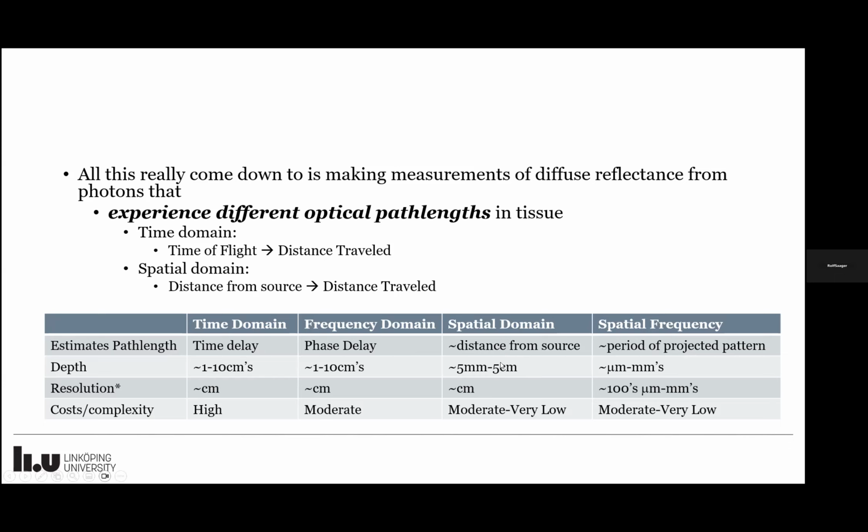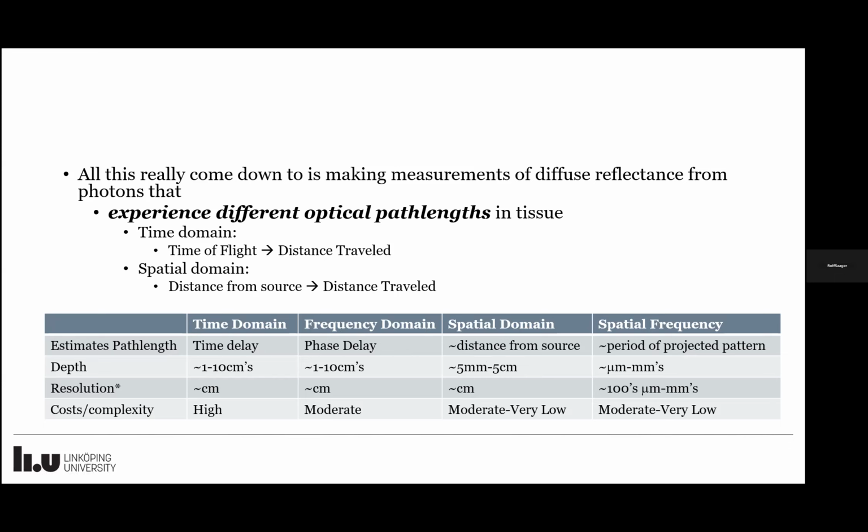We'll go into that, but in general, for things like breast, brain, deeper organs, the time, frequency, and spatial domains are the ones being used because of the geometric advantage of having that fiber setup where you can constrain the depth of what you probe.